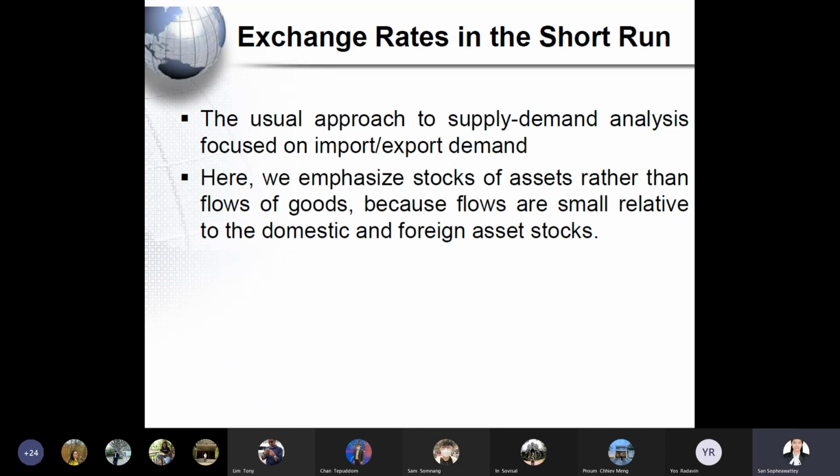We emphasize again that we're looking at the stock of assets rather than the flow of exports and imports over a short period of time, because the export and import transactions are small relative to the amount of domestic and foreign assets nowadays.